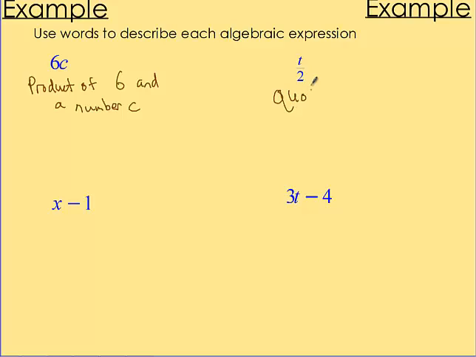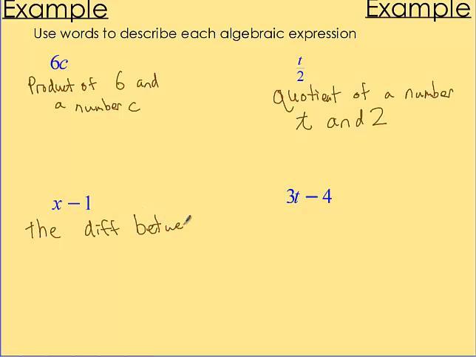So it's going to be the quotient of a number t and 2. The next one, x minus 1. Well, we can call it difference. So we can say the difference between a number x, and 1.